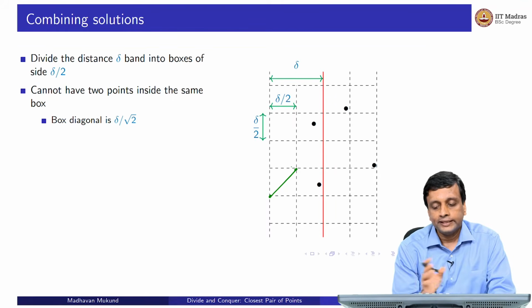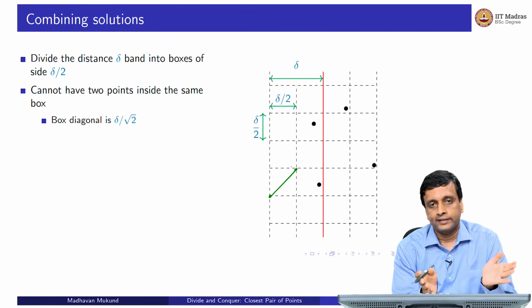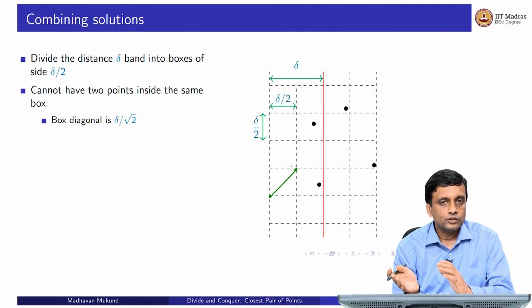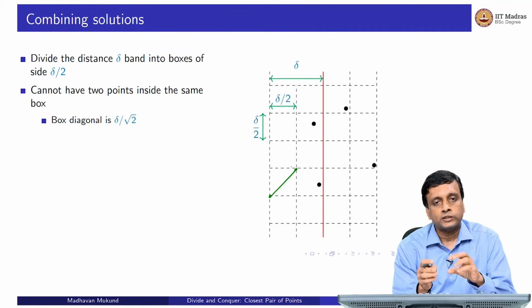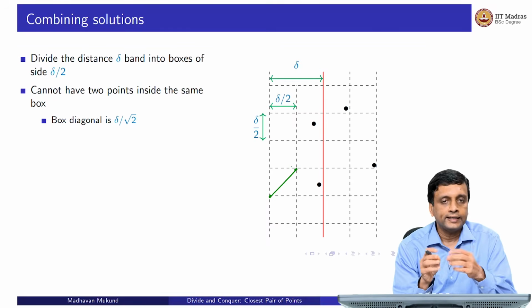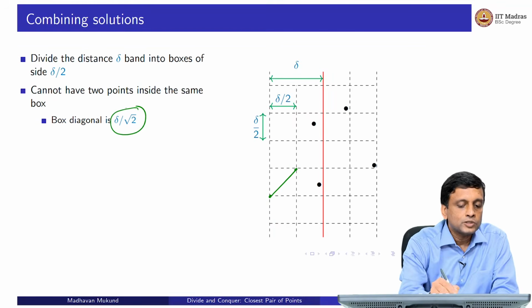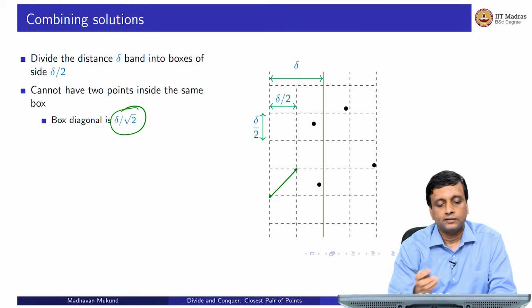But remember that each box is entirely on one side, either it's on the left or on the right. So if there are 2 points which are within one box, they are either both in Q or they are both in R, so their distance has to be at least delta. But this diagonal is actually smaller than delta. If you just calculate this, use Pythagoras theorem, this is delta divided by square root of 2. So square root of 2 is more than 1, it's 1.4, right.